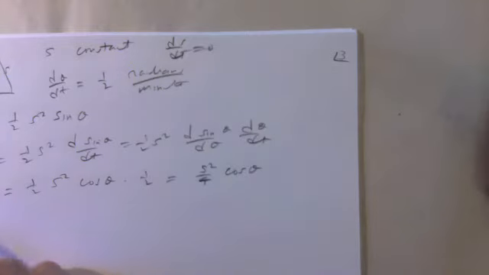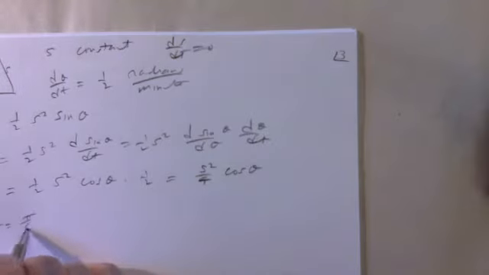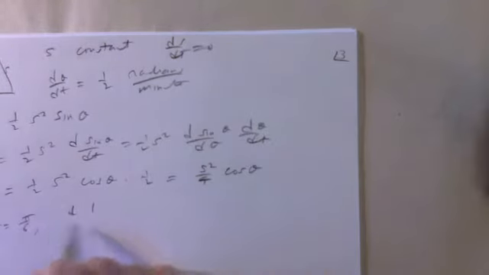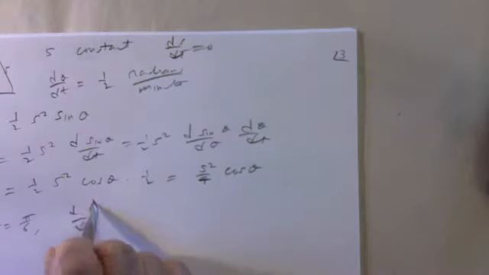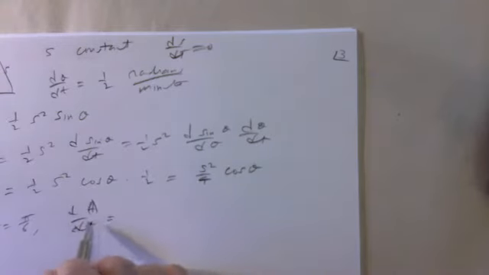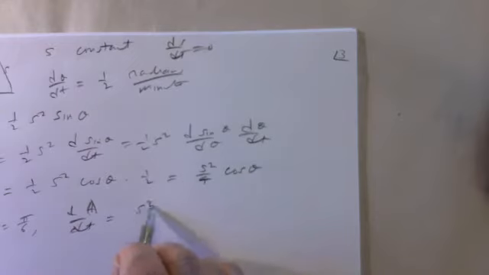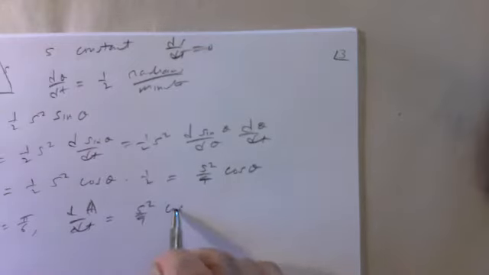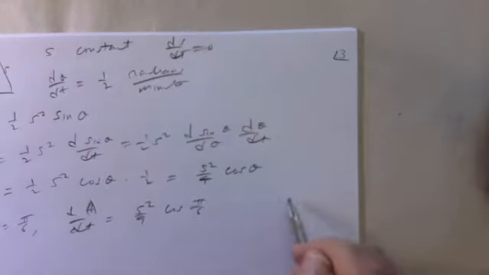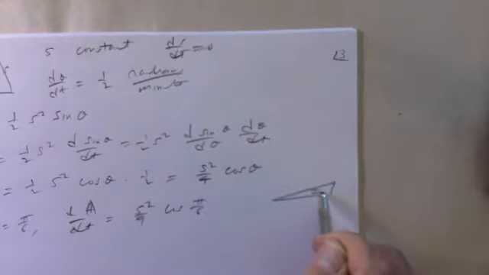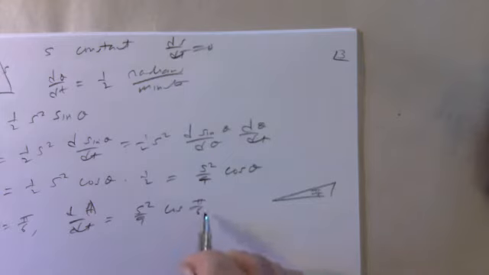So when theta is pi over 6, dA/dt is s squared over 4 cosine pi over 6. What's the cosine of pi over 6? √3/2.